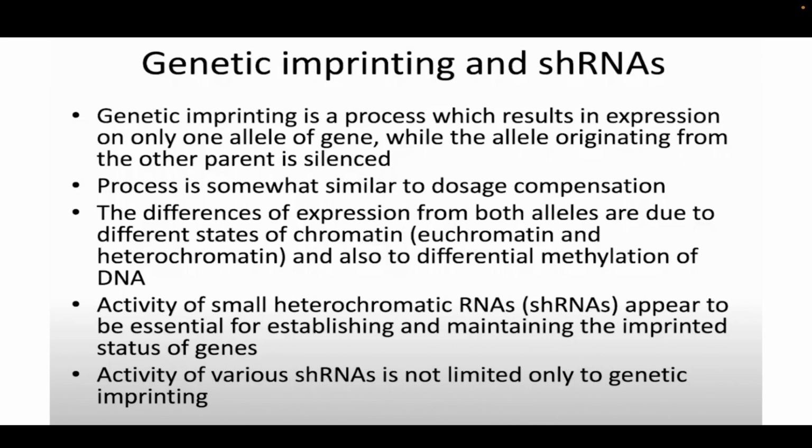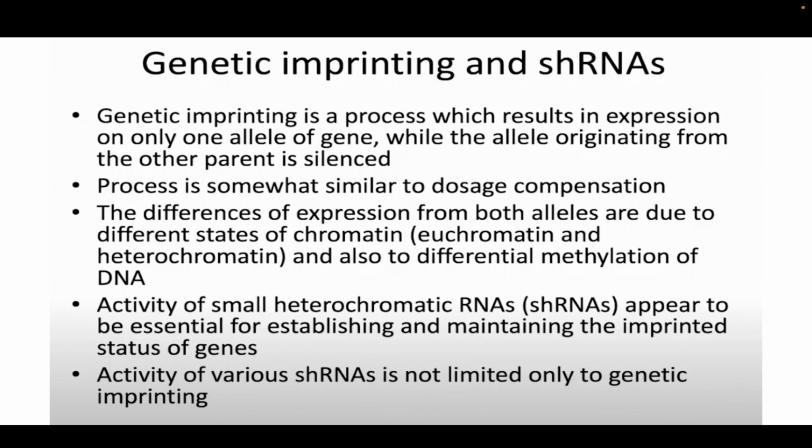Next, this process is somewhat similar to dosage compensation, which we also discussed in the last class. So what is dosage compensation? As the name suggests, it happens to the sex chromosomes. In humans, females have two X chromosomes, but males have one X chromosome and one Y chromosome.